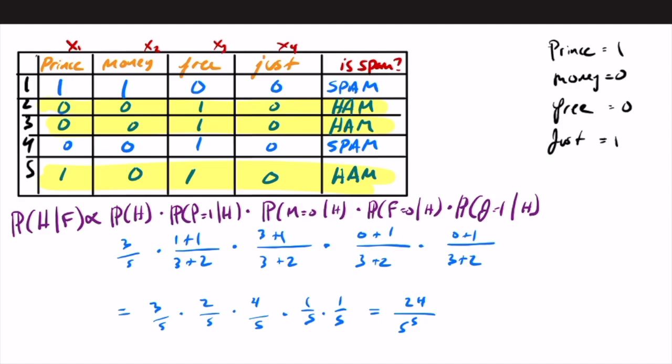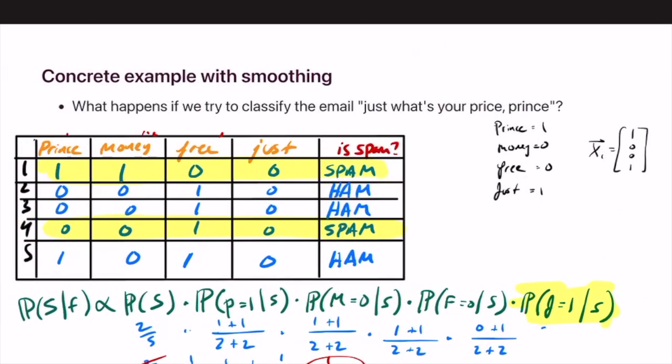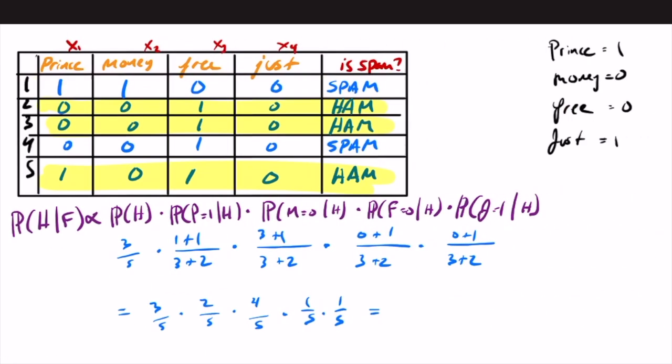I'll just write it down, it'll be easier. Again, that was 24 over 3,125, and that is going to be compared to our 1 over 80, which was spam, and what we have here is ham.